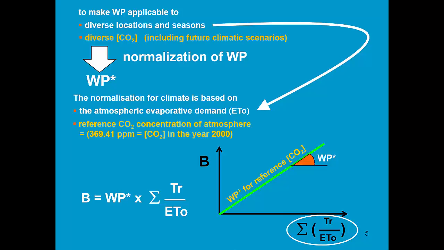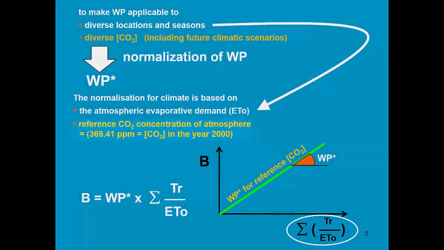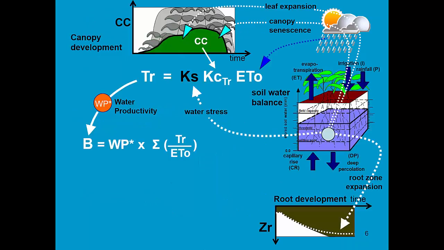The normalized water productivity is valid for one specific CO2 concentration, namely for the reference CO2 concentration, which is taken for the year 2000 and equal to 369.41 parts per million. In next slides, we will see how we are going to adjust the WP star for CO2 concentrations in other years.